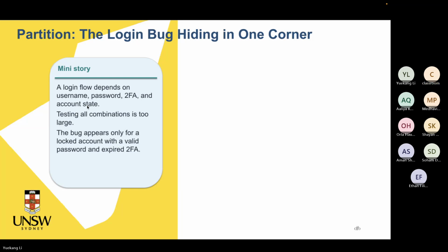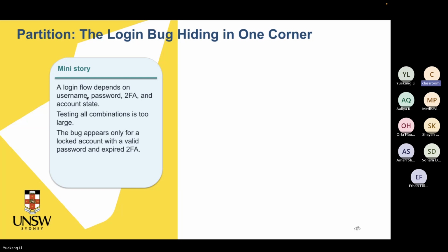So there could be so many combinations, but the bugs can only occur under some very specific situations. So we are like finding a needle in a haystack, right? We try to find, from all the different combinations, a particular pattern to trigger the bug.